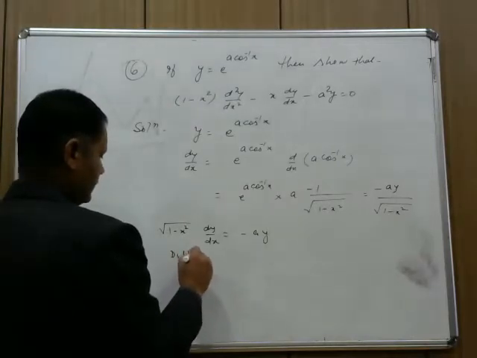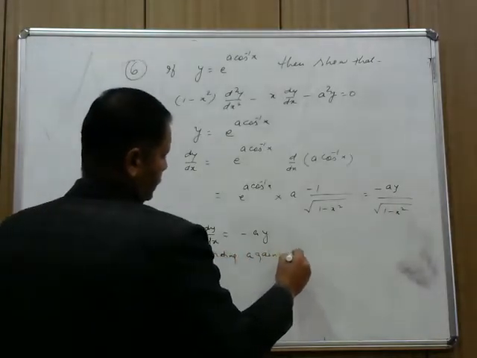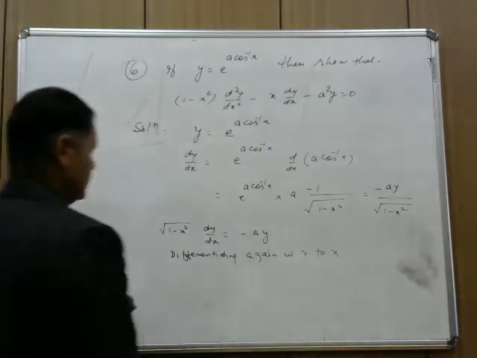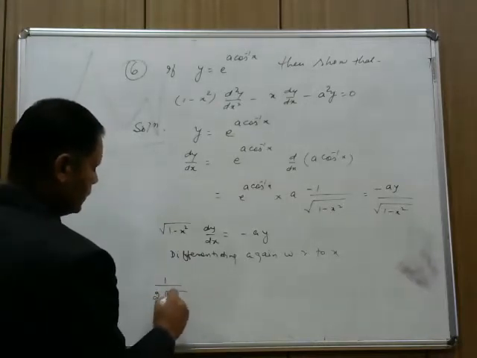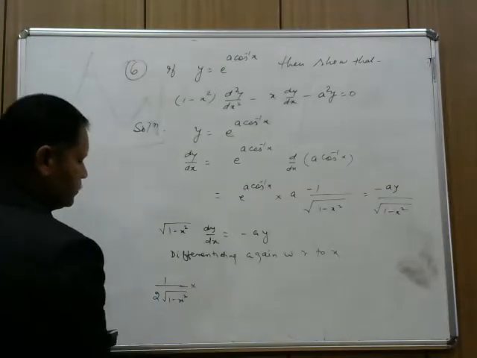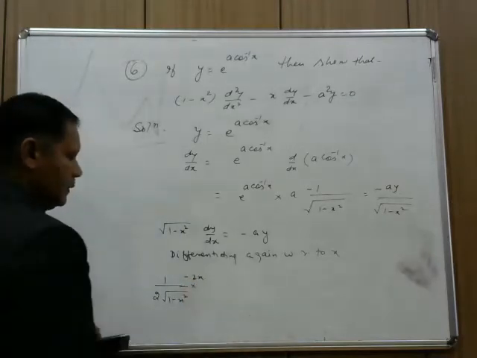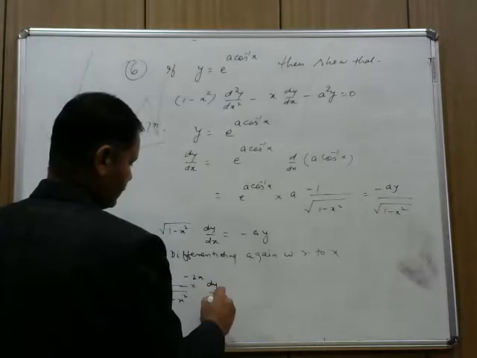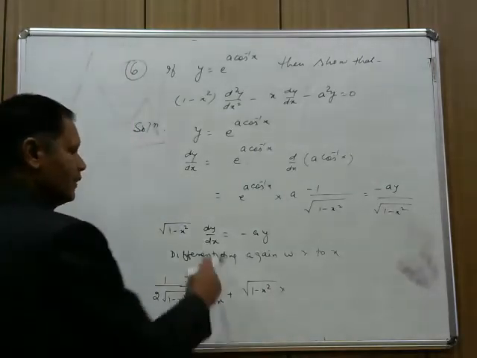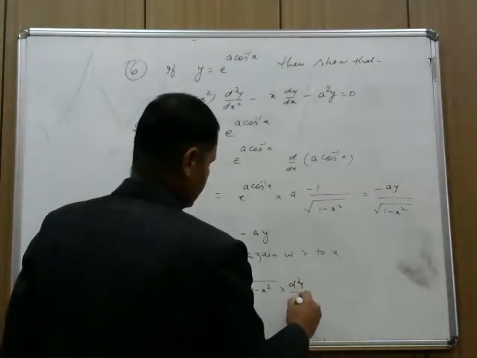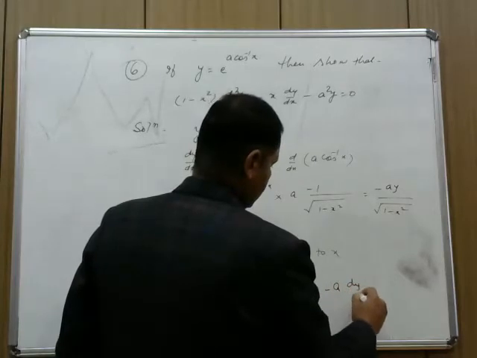The differentiation of under root 1 minus x square is 1 by 2 under root 1 minus x square into the differentiation of minus x square, minus 2x, into dy by dx, plus under root 1 minus x square into the differentiation of dy by dx, that is d2y by dx square, is equal to minus a into dy by dx.